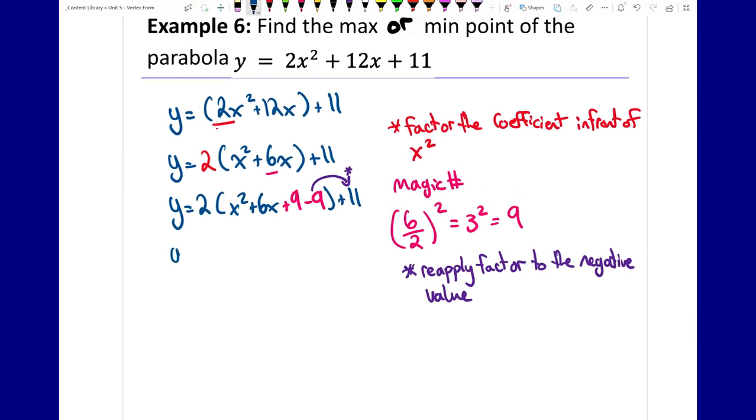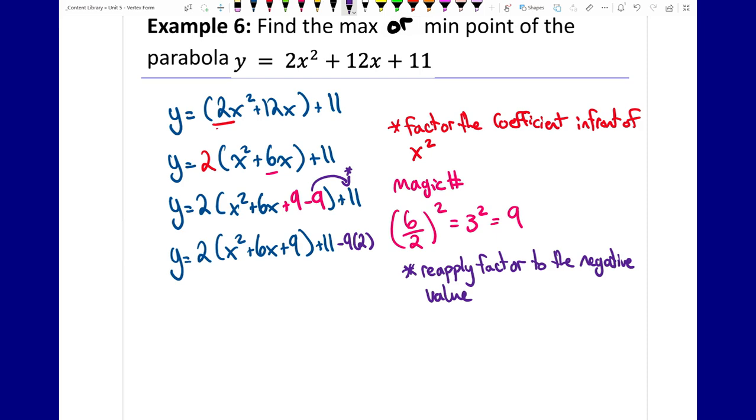So that means I have y equals 2 times x squared plus 6x plus 9, plus 11 minus, and I'll write it out a little bit longer, you don't have to show this in between step, minus 9 times 2. So I'm reapplying that factor of 2, that a value. You don't need to show this step.